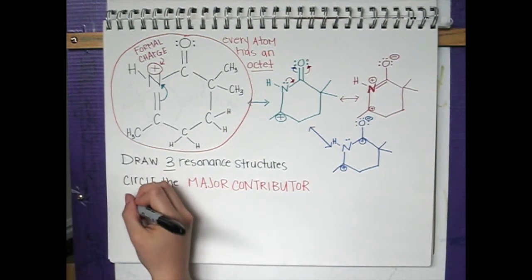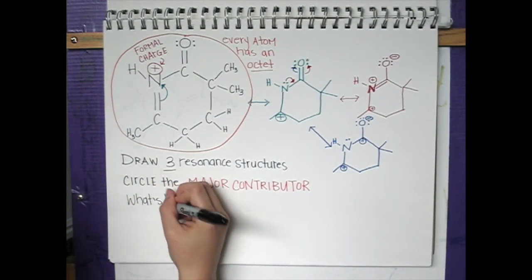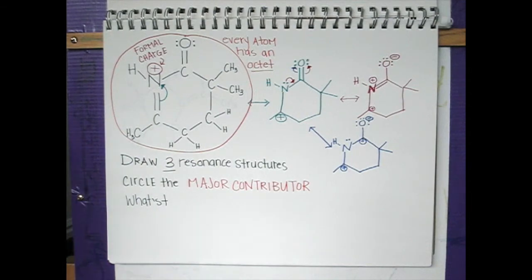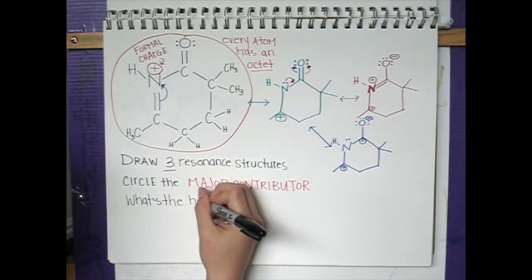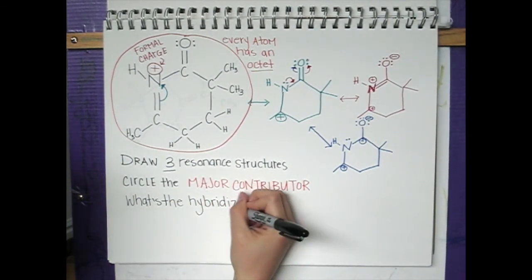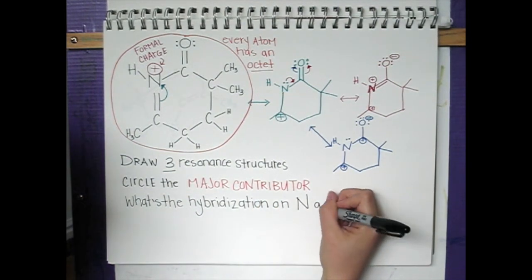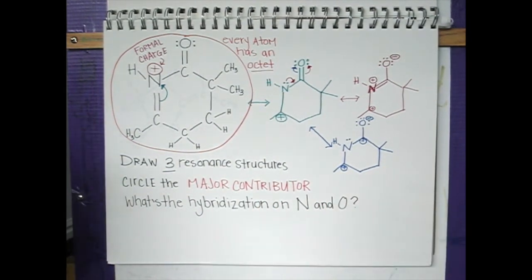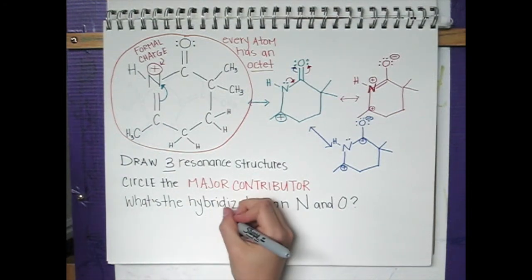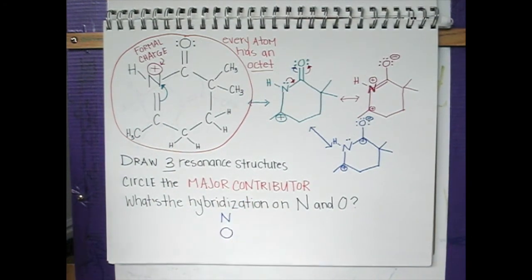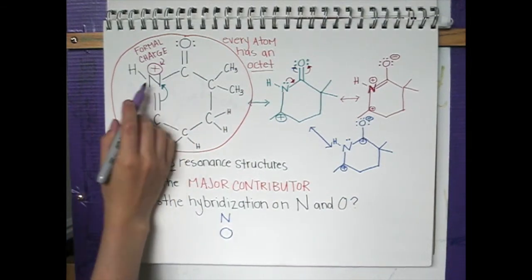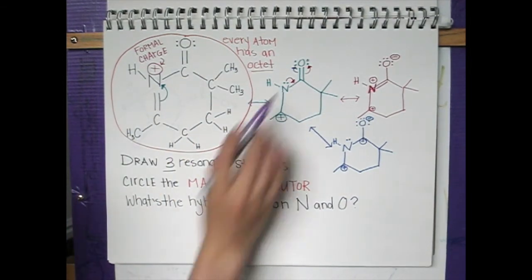Awesome. So we are going to list the hybridizations of nitrogen and oxygen in this structure because we know hybridizations do not change between resonance structures. So, nitrogen has 3 zones of bonding.